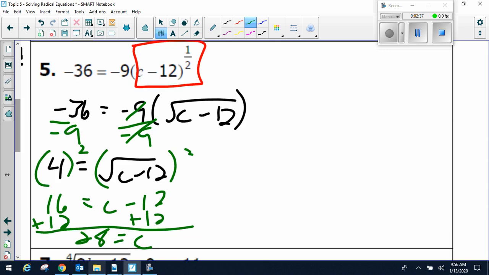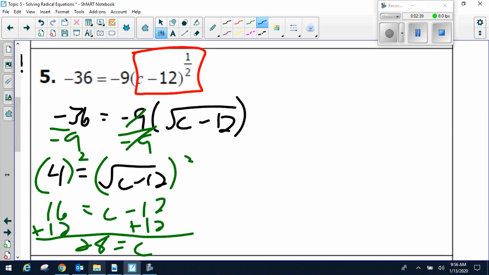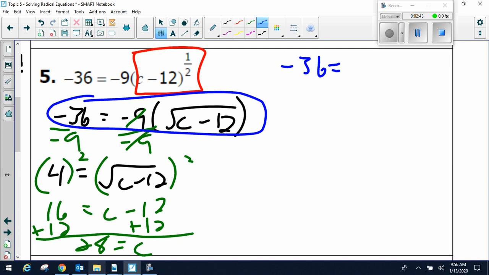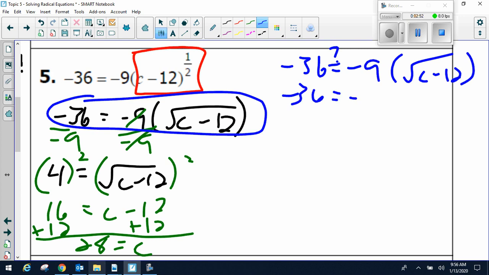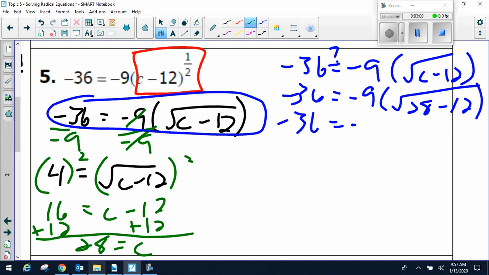So then we have to check it to make sure it works. You can check it from this point if you want. So it's -36 equals, that's the question, -9 times the square root of c minus 12. Well, we just got c to be 28. So -36 equals -9 times the square root of 16.